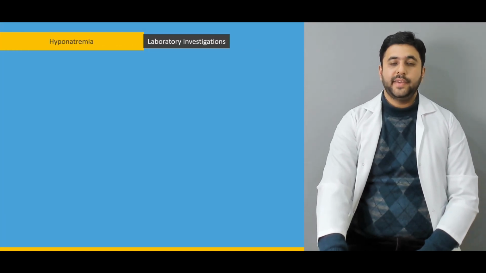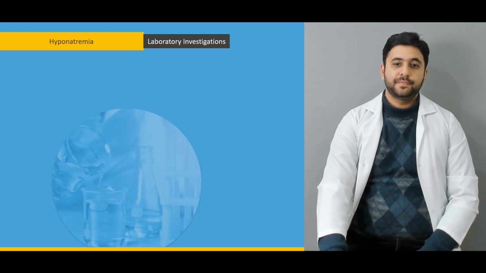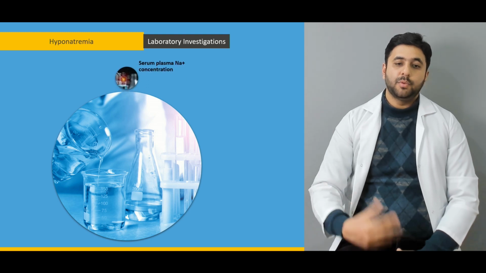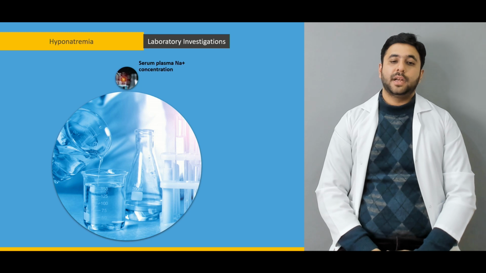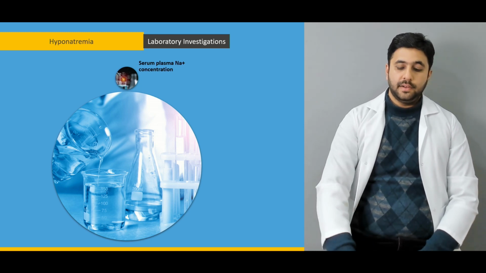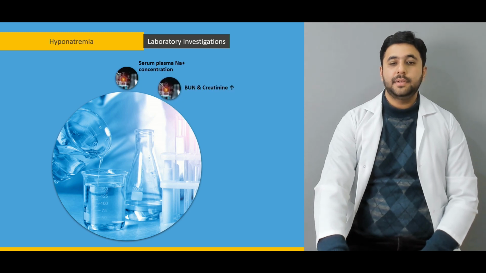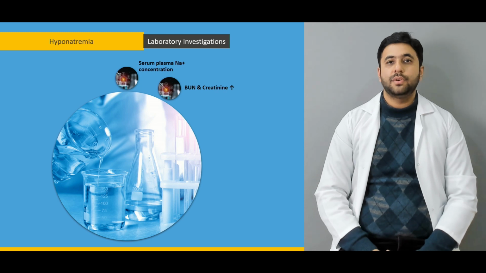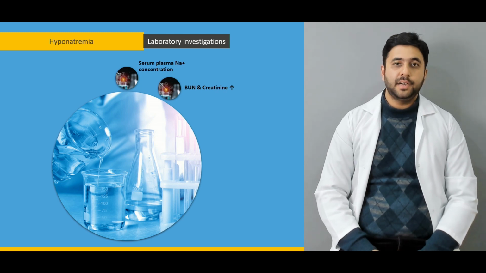All right, what are the various labs which we are going to do that will tell us about the various types of hyponatremia? The number one thing to establish hyponatremia is the serum plasma sodium concentration. That will define hyponatremia. If we have established hyponatremia, then first, at presentation, we have to rule out renal failure.